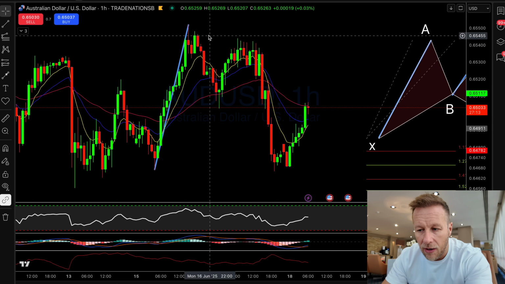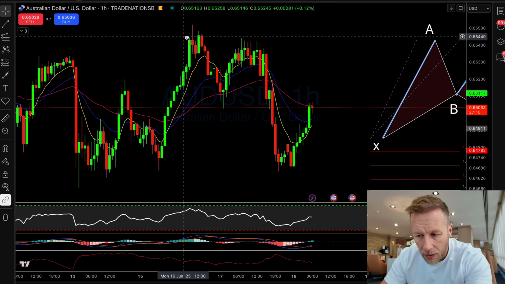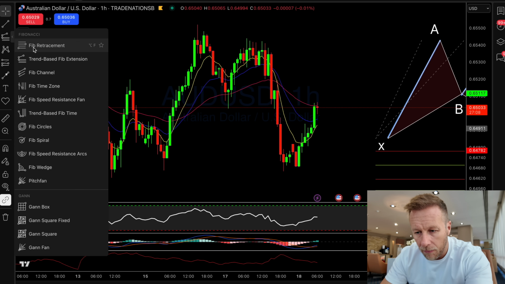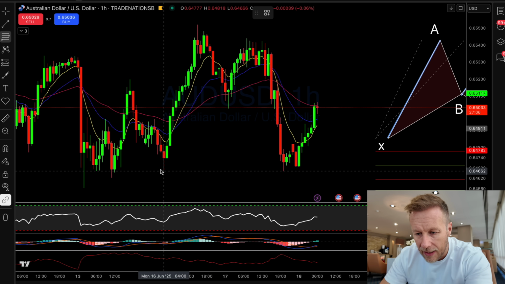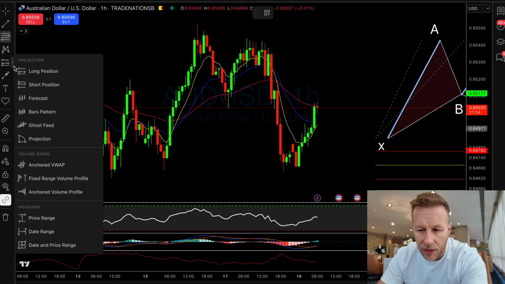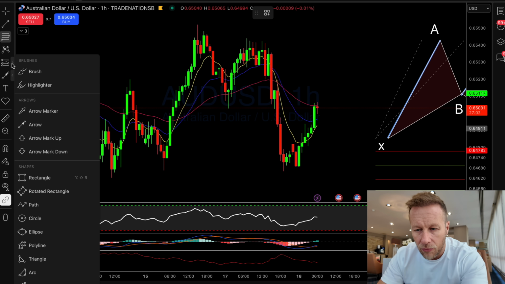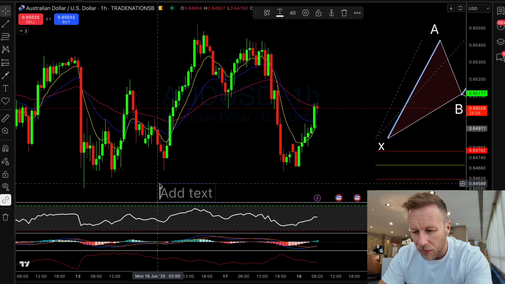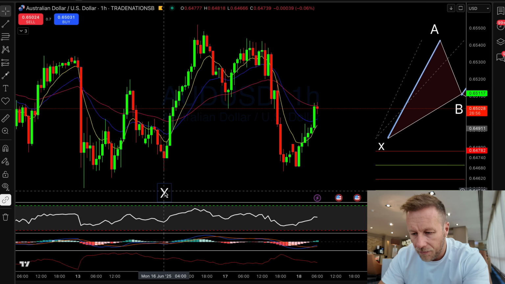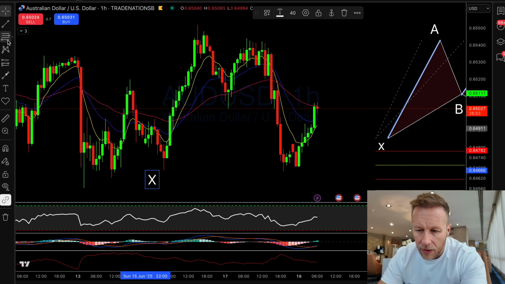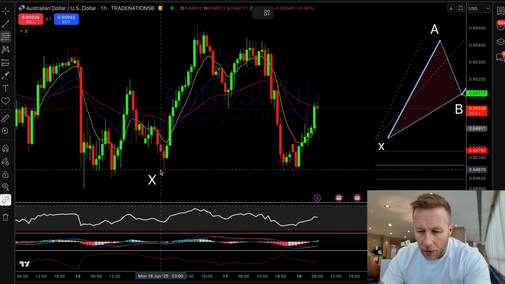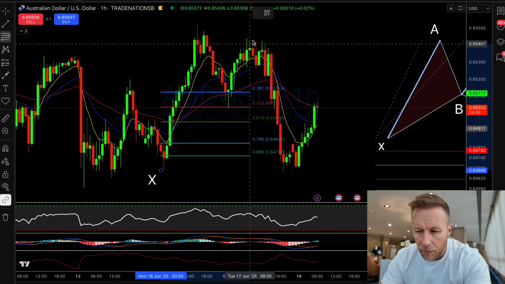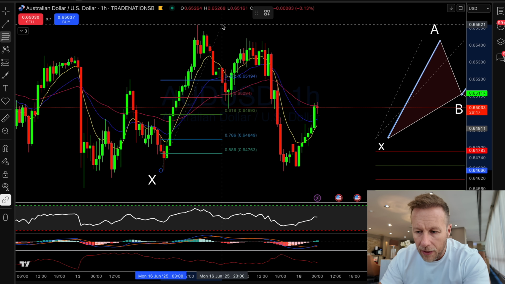So now let's test that on the real life example. We're going to go from fib retracement. This was the A point. Let's label this up so you guys can really see what we're doing. Oh, here it is. Right, so we've got the X. This is the X point. Now I know this is in hindsight, but I'm going to drag my fib retracement to that A point up here, right?